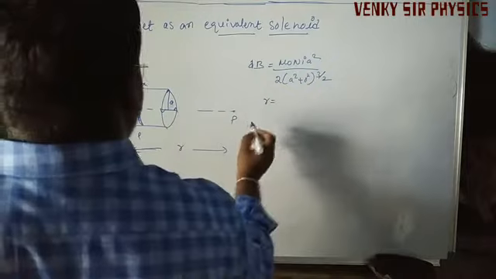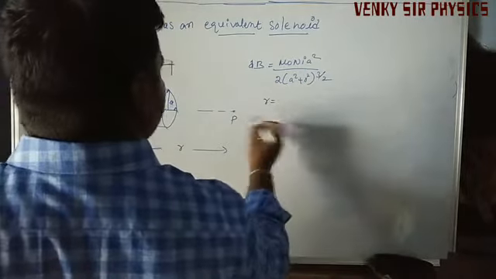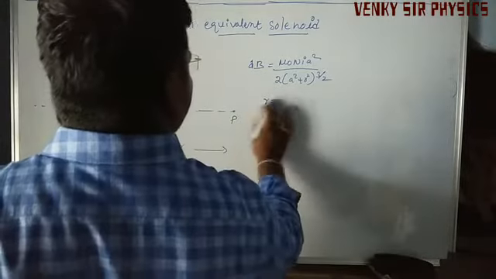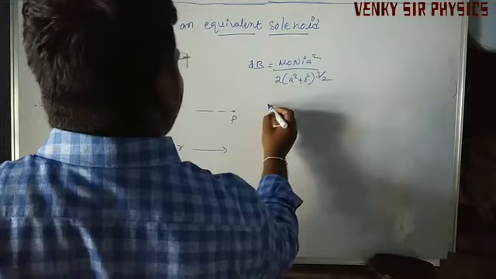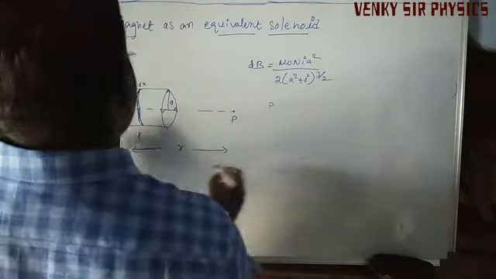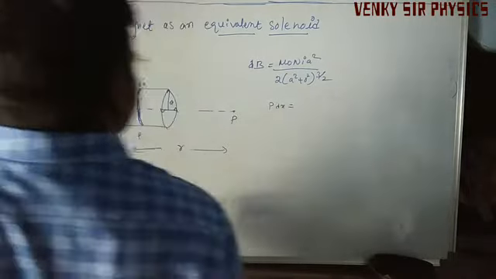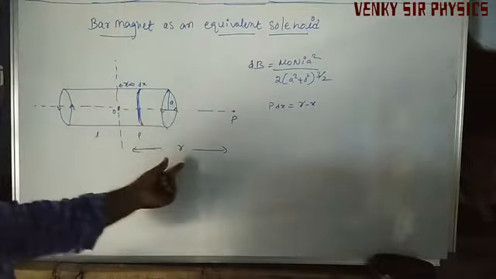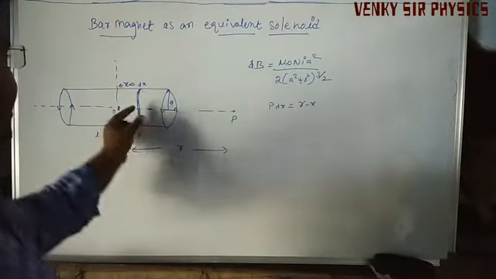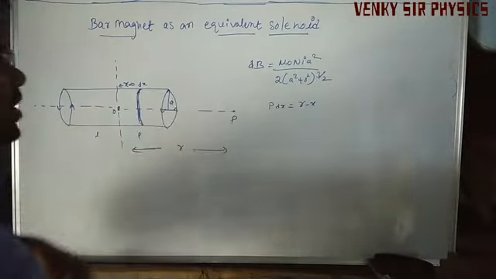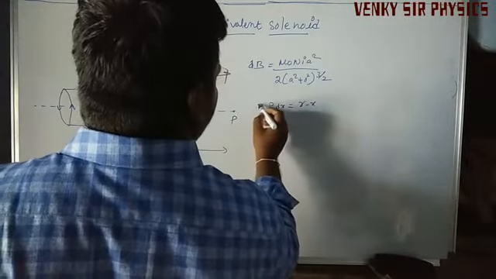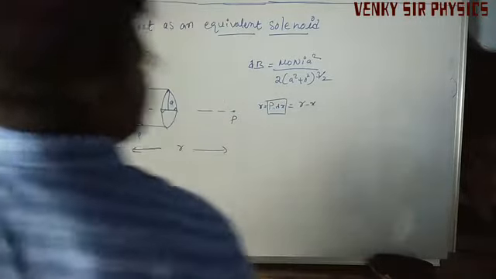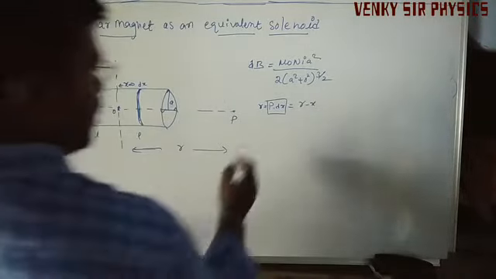That distance we can denote as r minus x. We subtract x from r to get the distance between dx and P. So instead of r we take r minus x, and everything else remains the same.